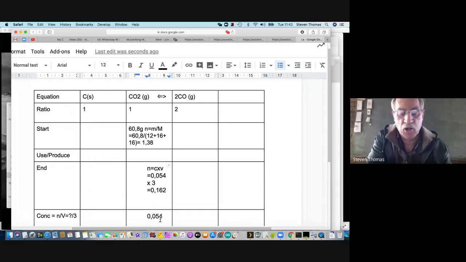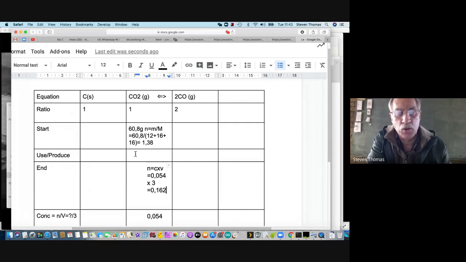So to go from concentration to number of moles, we say concentration times volume equals number of moles, making number of moles the subject of the formula. So we take the concentration times the volume, 3 decimeter cubed. There's what we end with.